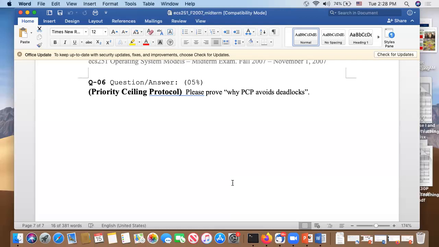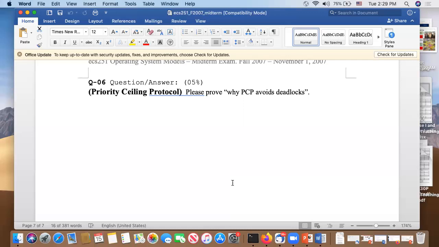Let's think about the easy case, where the ceiling values are the same. In order for deadlock to happen, one thread must lock one resource waiting for the other, and the other thread locks the other semaphore waiting for this one. This is called circular dependency. That's called deadlock. But according to priority ceiling, if there is a locked semaphore, and my priority is not greater than its ceiling, equal is not good enough.